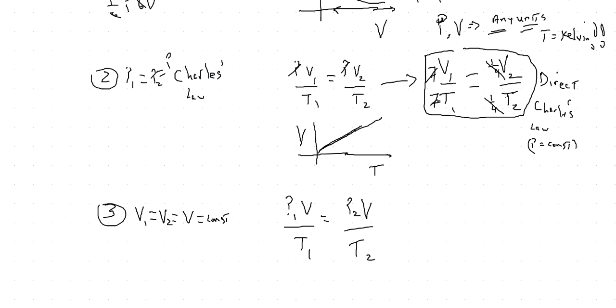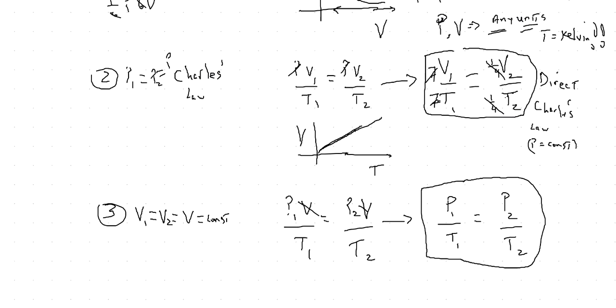Once again, the V's will go out and we end up with an equation that looks very much like Charles' law, but it has pressure in it. P1 over T1 equals P2 over T2. Again, for the pressure you can use any units, atmospheres, pascals, pounds per square inch, doesn't matter, but T must be in Kelvin.